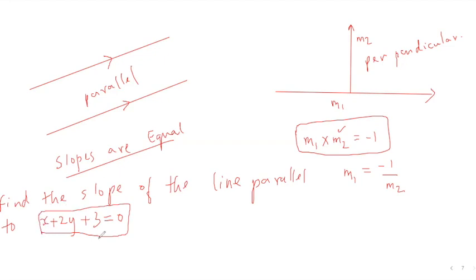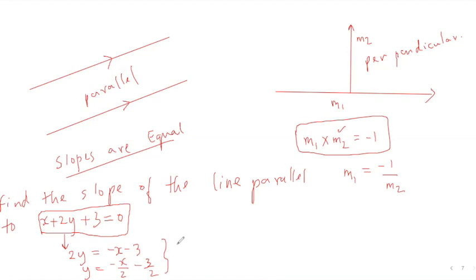So first find the slope of this line. Okay. What's the slope of this line? Like I said, make y the subject of the equation, right? So first 2y is equal to minus x minus 3, and then y is equal to minus x by 2 minus 3 by 2. Is that okay?